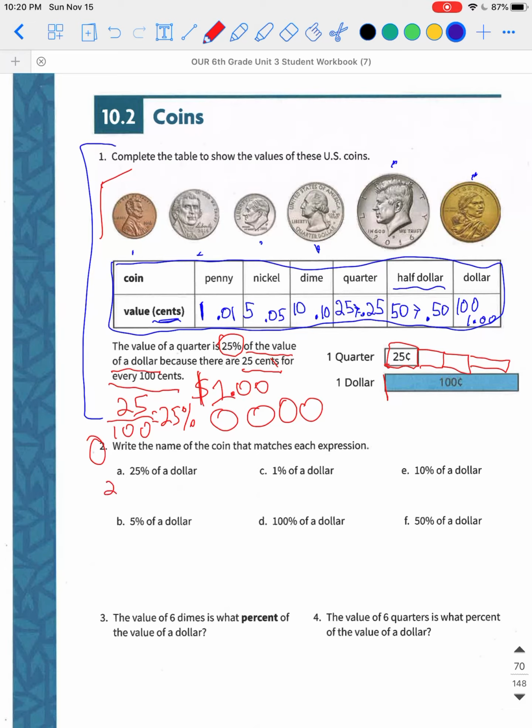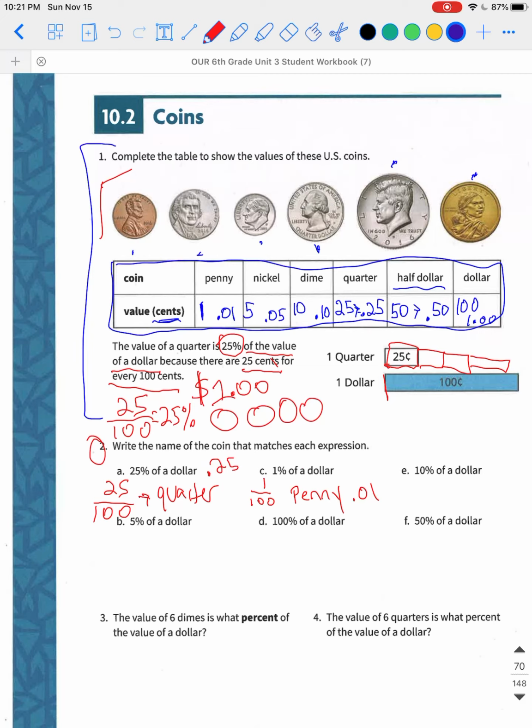Well, I know 25% of a dollar is 25 over 100, which is our quarter. 1% of a dollar is 1 over 100, is 1 cent over a dollar, and that is our penny. It can also be written as 0.01, just like our quarter could be written as 0.25.